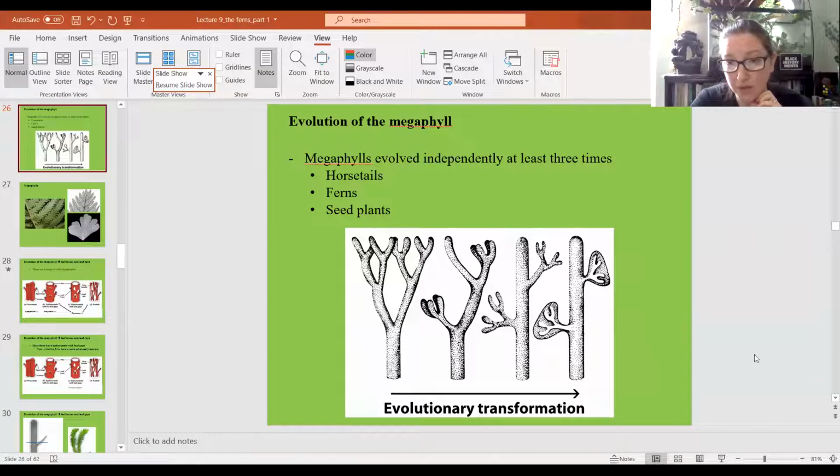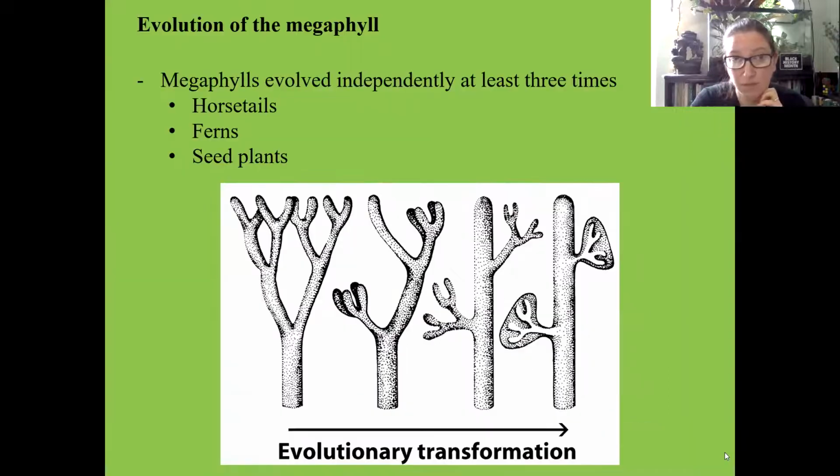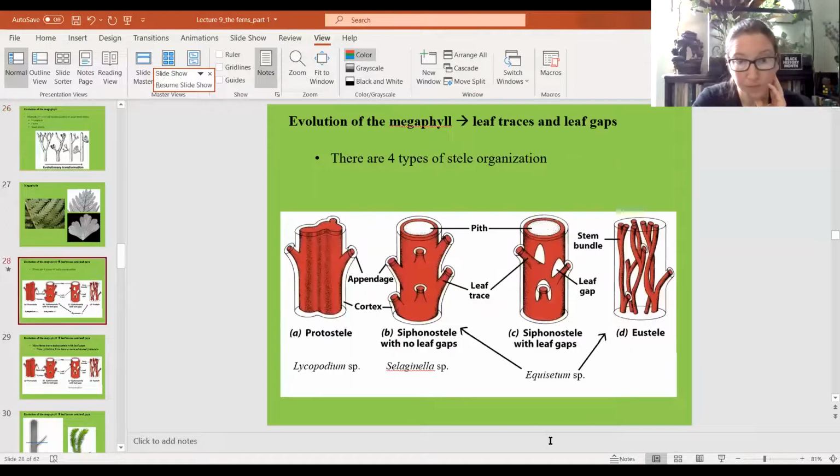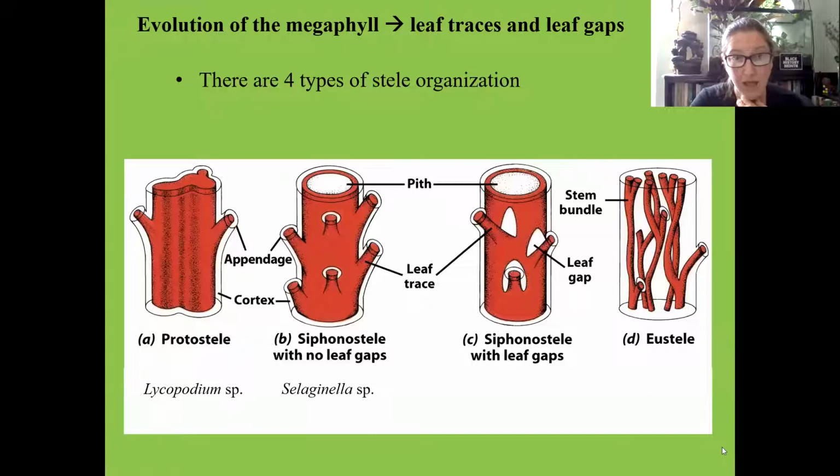Yeah, so megaphylls evolved independently in the horsetails, and then in the ferns, and then in the seed plants. So good question, because it's good to clarify that. Yes, only Lycopodium and Selaginella, aka the lycopods, have microphylls.